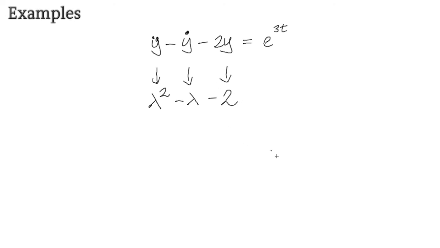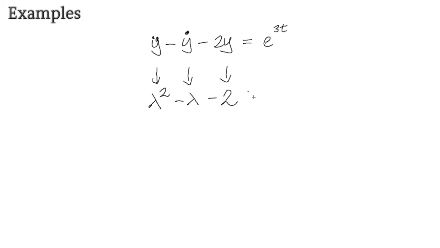If you look at it, each differential, each dot or each dash, whichever case, you will get a power. For a double dot, we have a lambda squared. For a single dot, we have just lambda, and for no dots, we have just the coefficient.